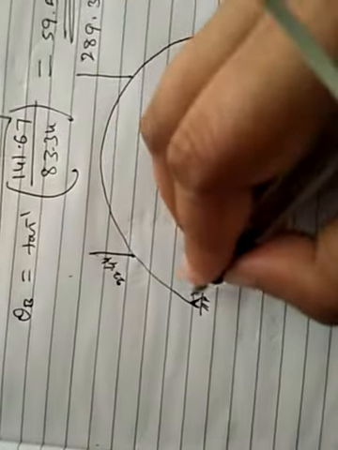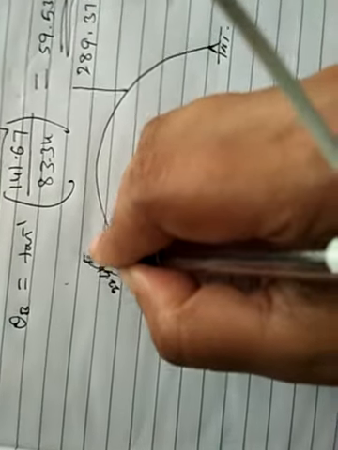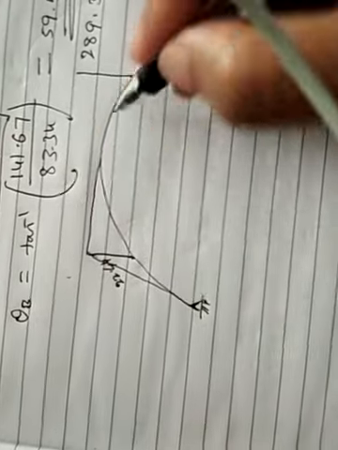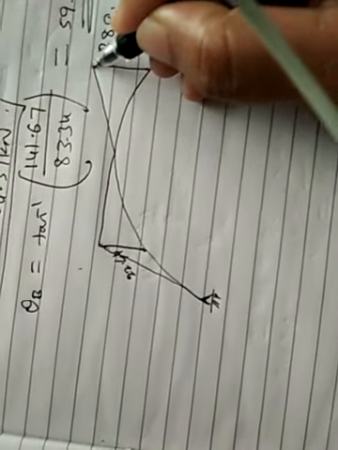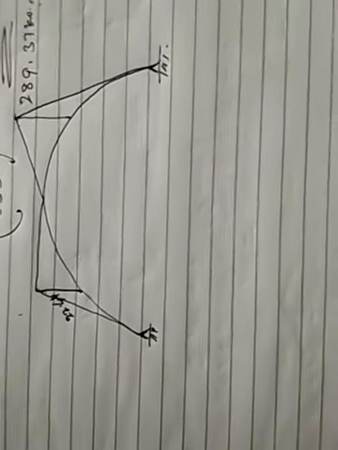Now just join these two points as an arch to C, because the bending moment at C is 0 and at B is 0. So this is the bending moment diagram.